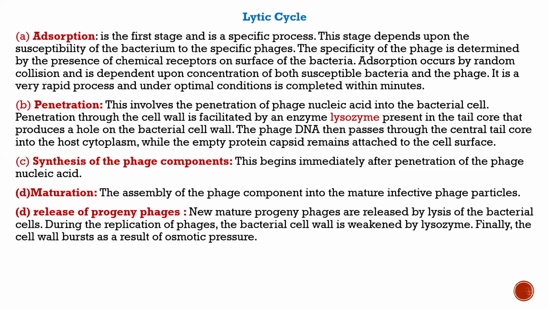Then after the maturation, we have the release of the progeny phages that we formed. New mature progeny phages are released by lysis of the bacterial cell, because, as I said when talking about penetration, it produces an enzyme called lysozyme, present in the tail core, that produces a hole in the bacterial cell wall.